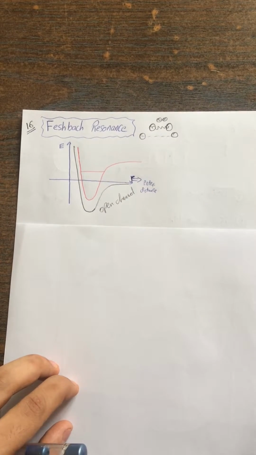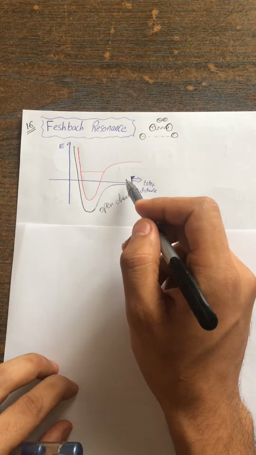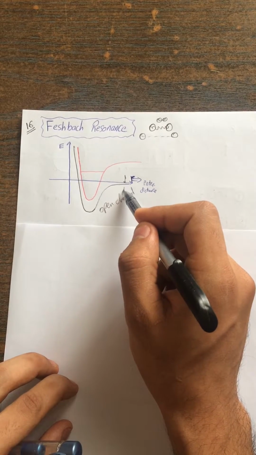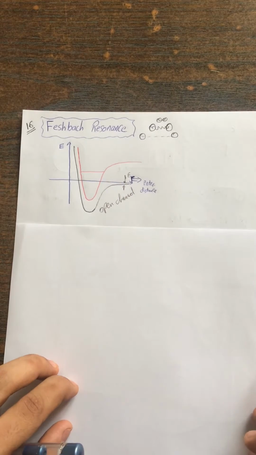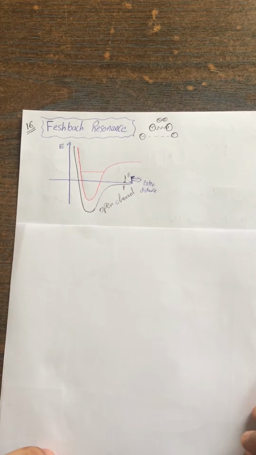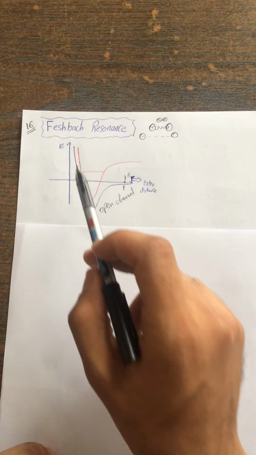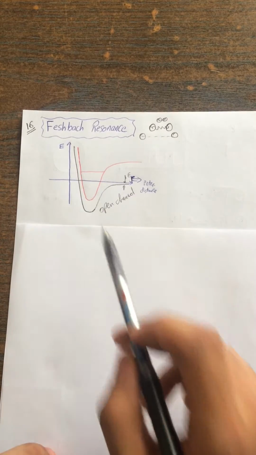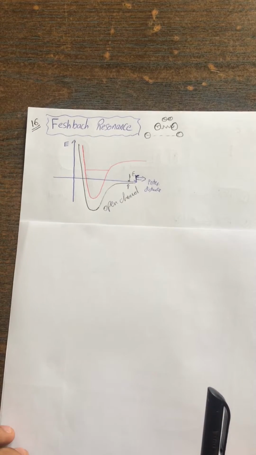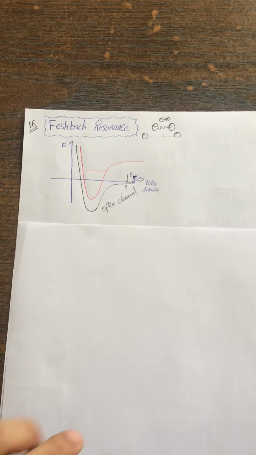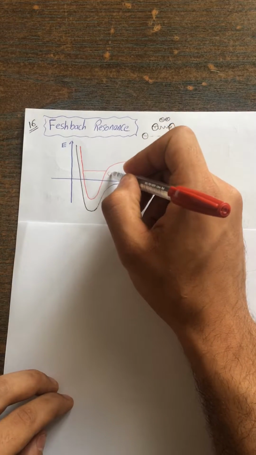This open channel has an energy matching here, just the energy difference for the energy of the collision for the two atoms. The red curve you see here is called the closed channel, so let me label it with red here.